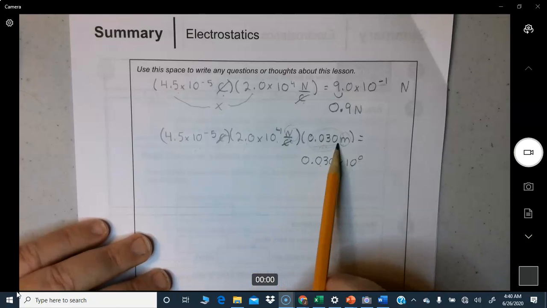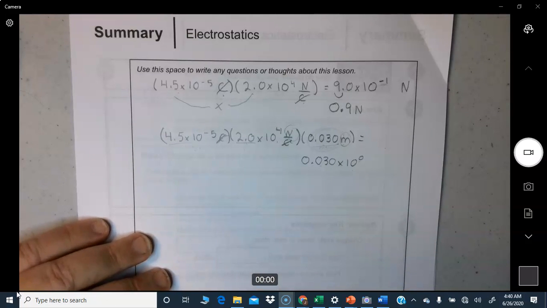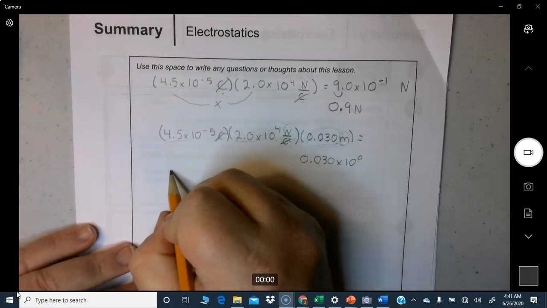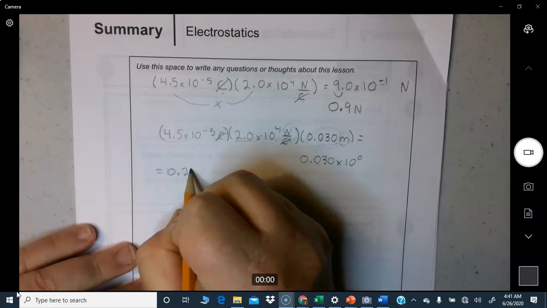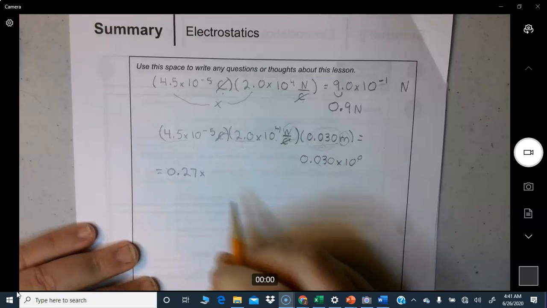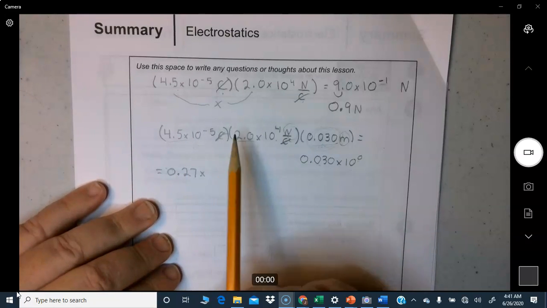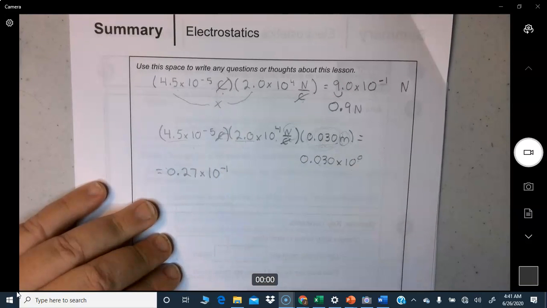So we're going to multiply this times this times this, and that's going to give us 0.27. And now we do go ahead and add the exponents again like we did before, and just as with the last problem we get to the negative 1.